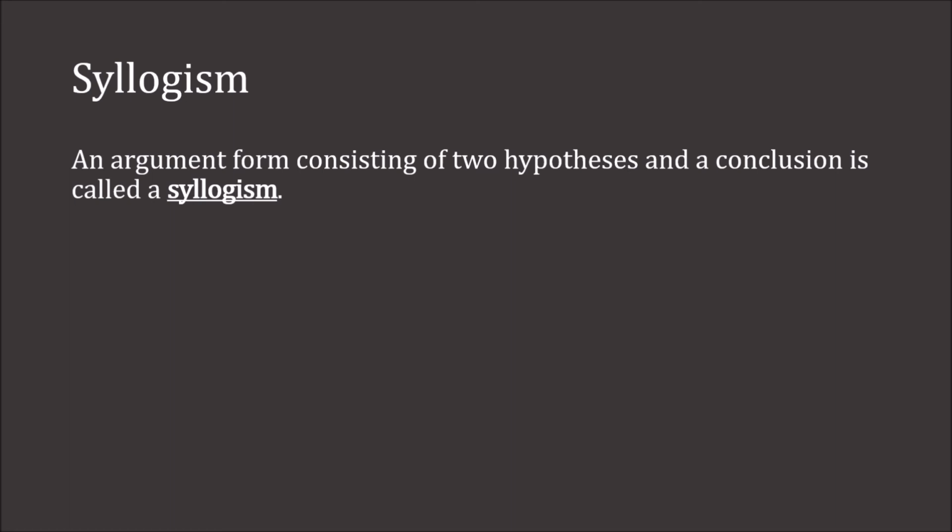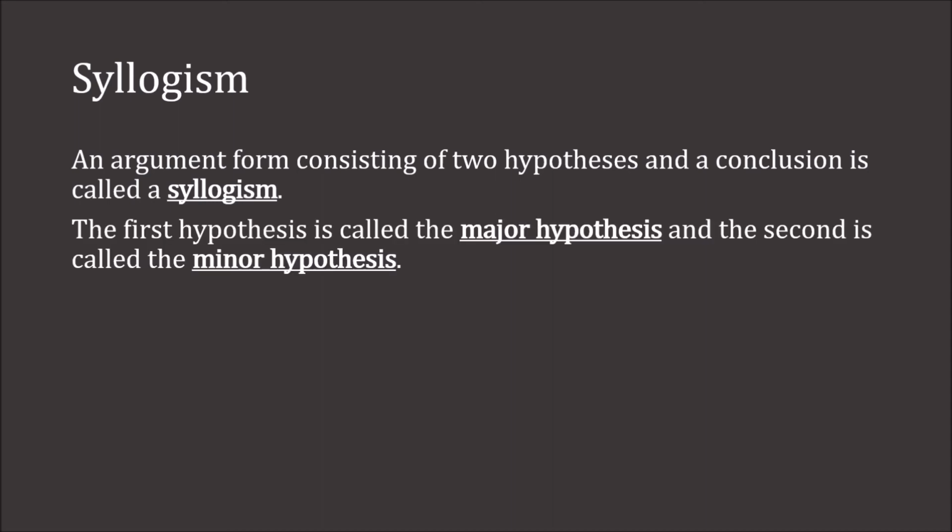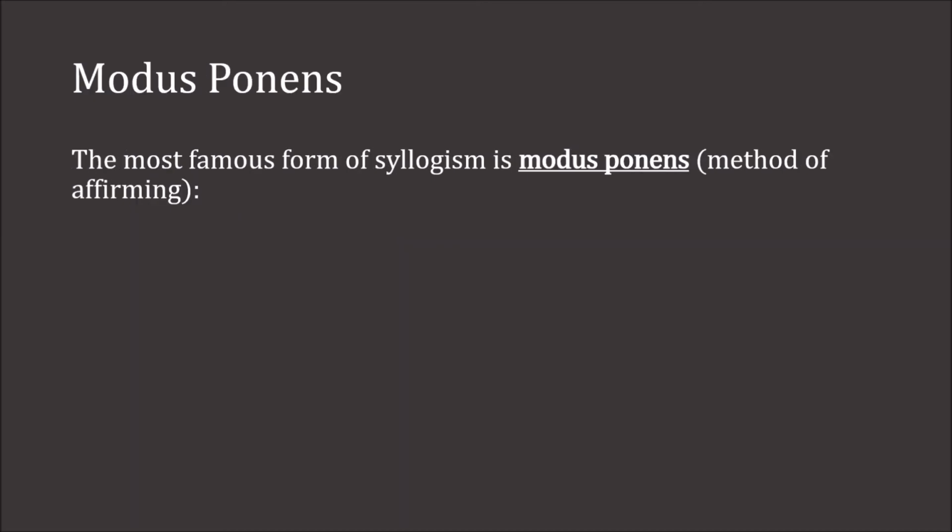An argument form consisting of two hypotheses and a conclusion is called a syllogism. The first hypothesis is called the major hypothesis, and the second is called the minor hypothesis. The very first example we looked at, the Socrates argument, is a syllogism. The most famous form of syllogism is Modus Ponens, which is Latin for method of affirming.